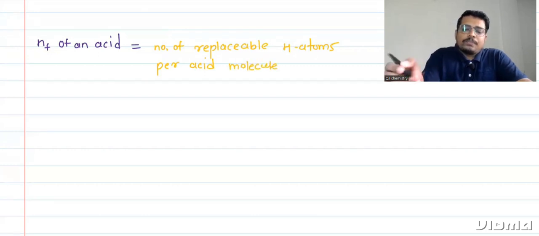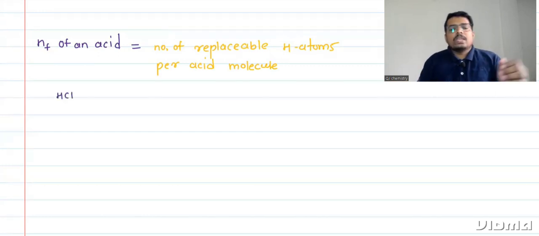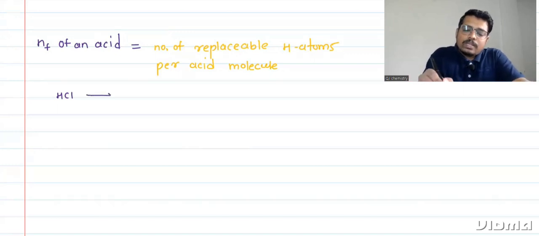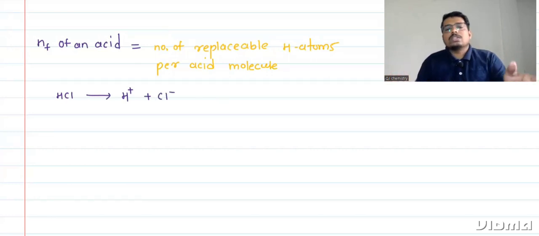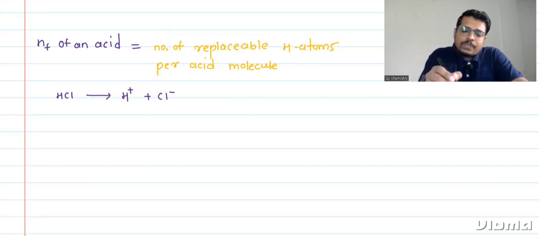For example, in the case of HCl acid, on dissociation it gives one H+ ion and one Cl- ion. So the number of ions formed on dissociation of one molecule of HCl is known as the n factor of acid. So the n factor of HCl is equal to 1 because it gives only one H+ ion.